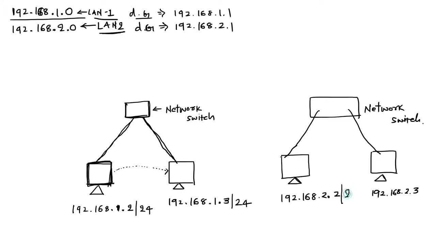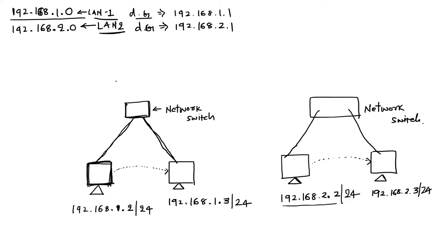The subnet mask of both these PCs is /24, that is the default subnet mask of class C. Then we will check the connectivity from 192.168.2.2 to 2.3 by using the ping command. If we get a reply from 192.168.2.3 then connectivity is okay. If you want to check connectivity from 2.3 to 2.2, you can also check.